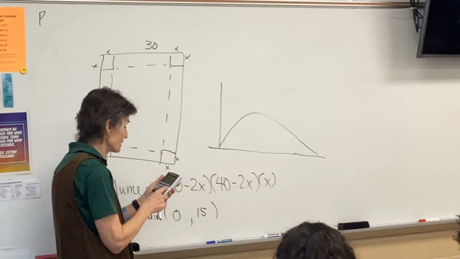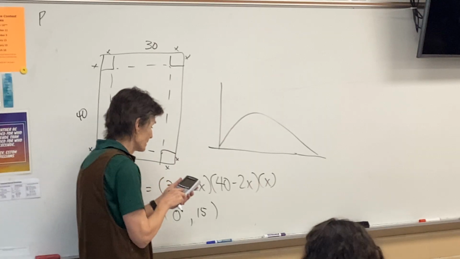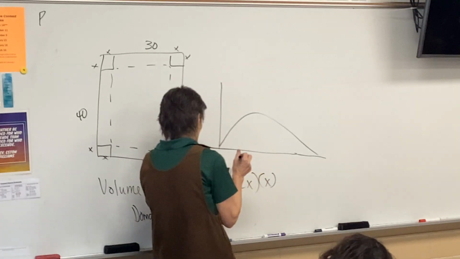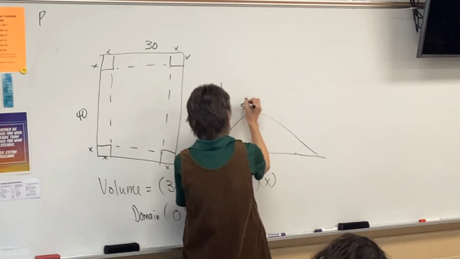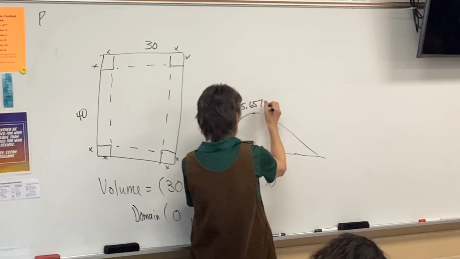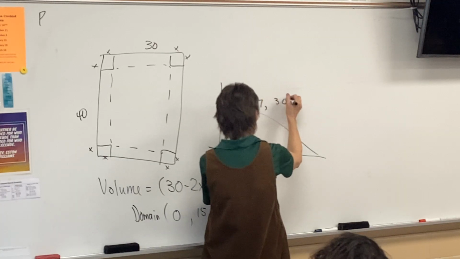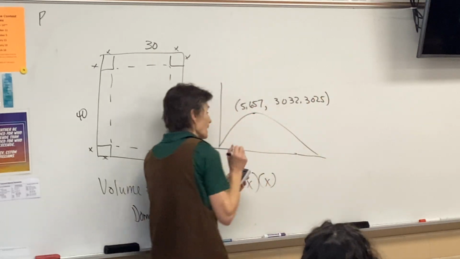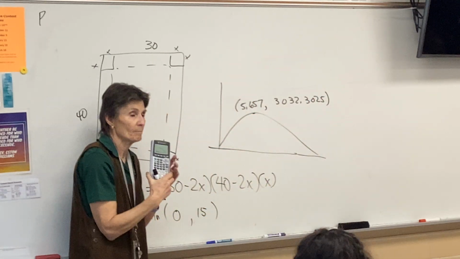And my maximum is 5.657. I'm writing the whole point: 3032.3025. That's what I got for my maximum point.